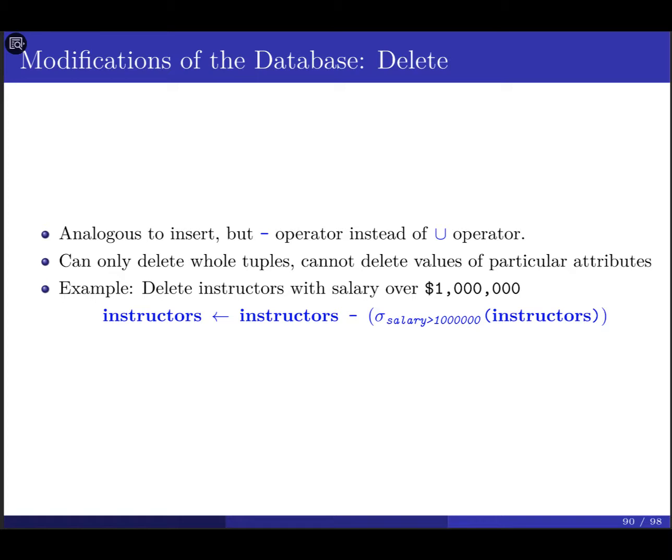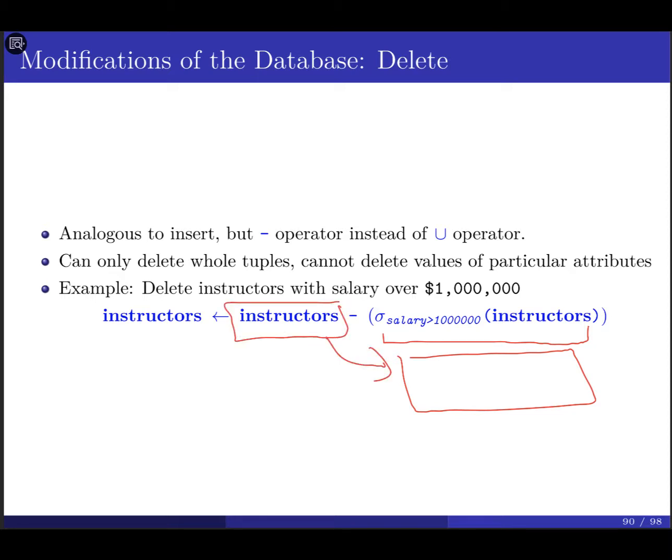So I select all the information about the instructors that satisfy the condition, salary greater than 1 million. This is a list of them, a small relation with the same structure as instructor. Then I take the instructor relation and remove these from it. That's the minus here. The total result is stored in the relation instructor, the same relation. Remember, whatever is computed from the old relation will be stored in the new one. Okay?